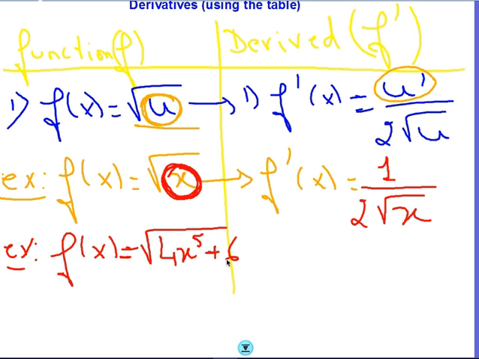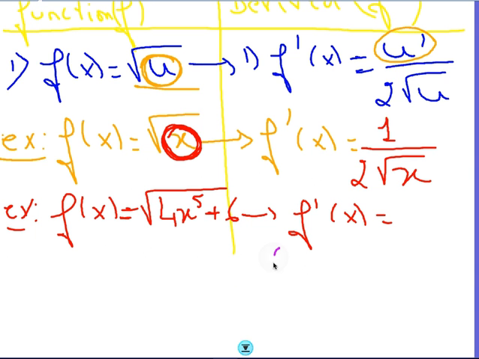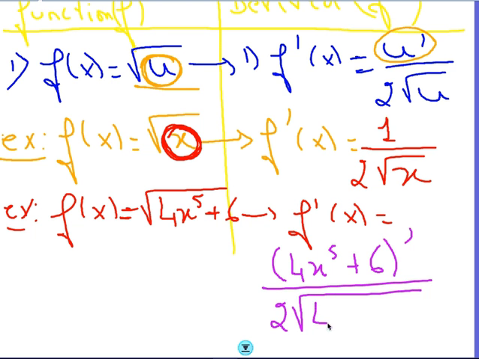Let's make the derivative f prime of x. I will write it step by step. U prime, so we have 4x to the power 5 plus 6 prime over 2 radical u, so 2 radical 4x to the power 5 plus 6.